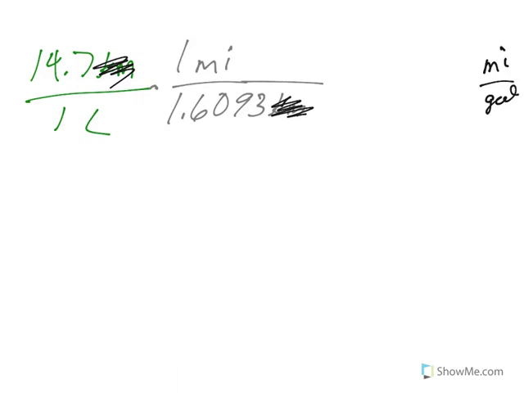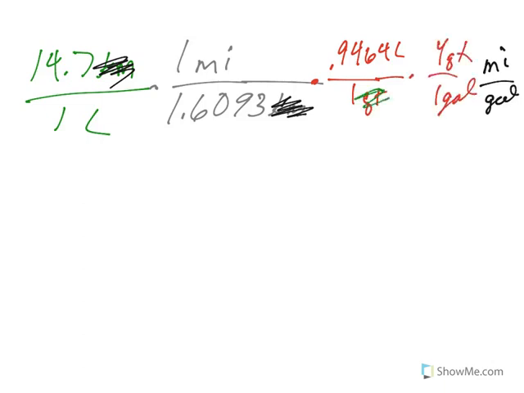All right, so how do I get out of liters now? For liters, 0.9464 liters is the same as 1 quart, and then 4 quarts is 1 gallon. So that gets me out of liters, and now my unit is miles per gallon.